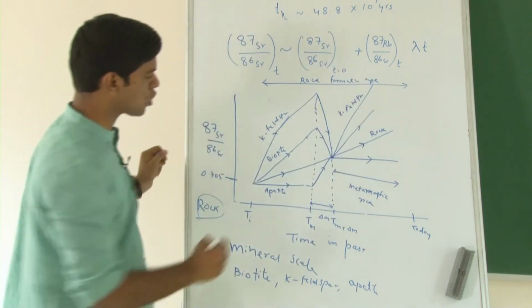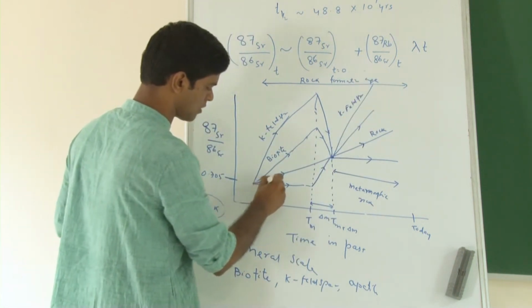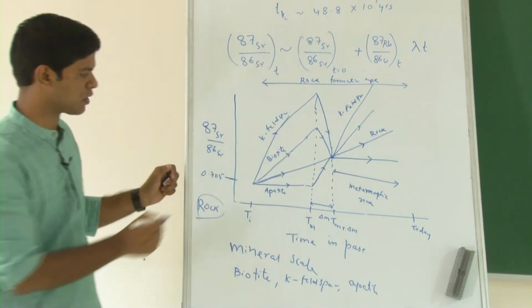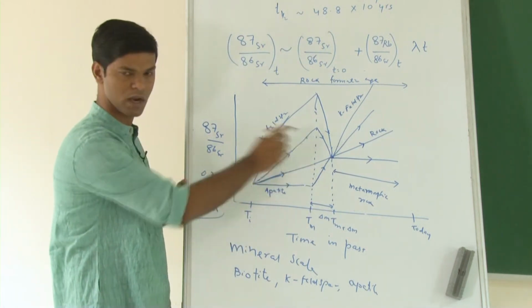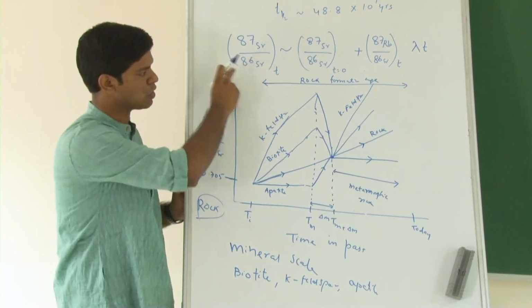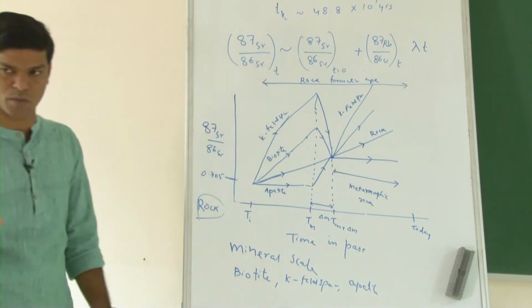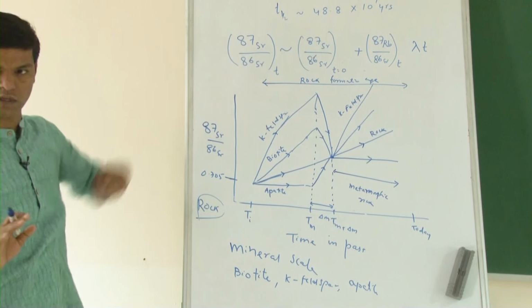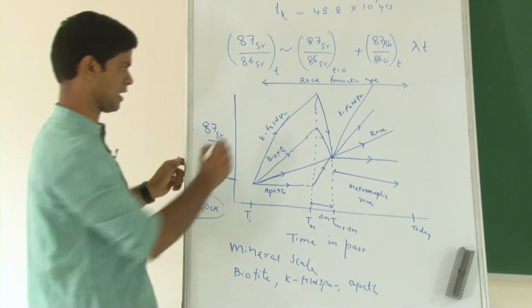Now that the whole rock never changed its path, you can take a few pieces of the rock and put them in an isochron, and you are likely to get the rock formation age, which should be doable. So, that is like Ti.